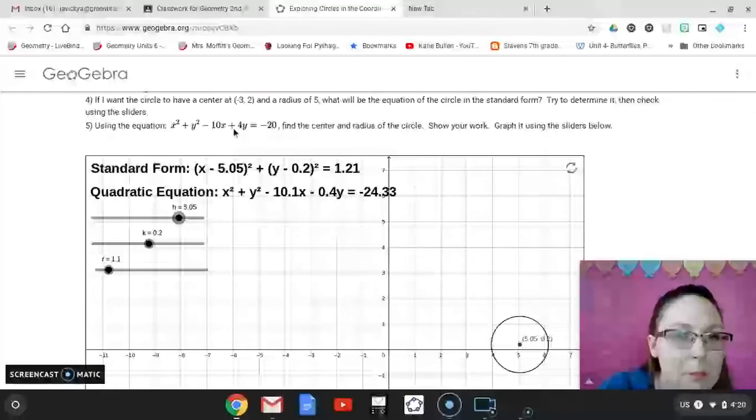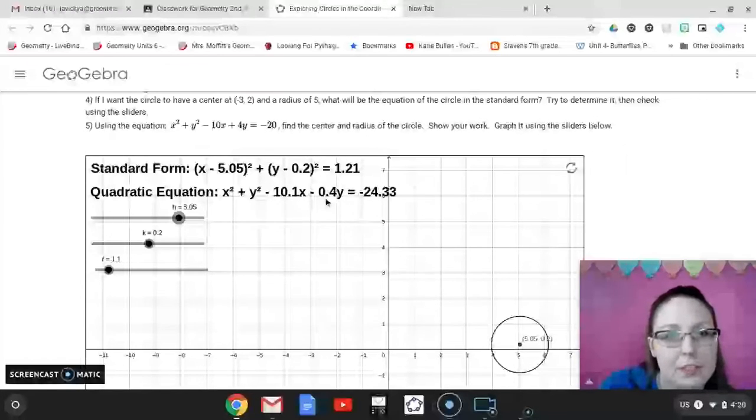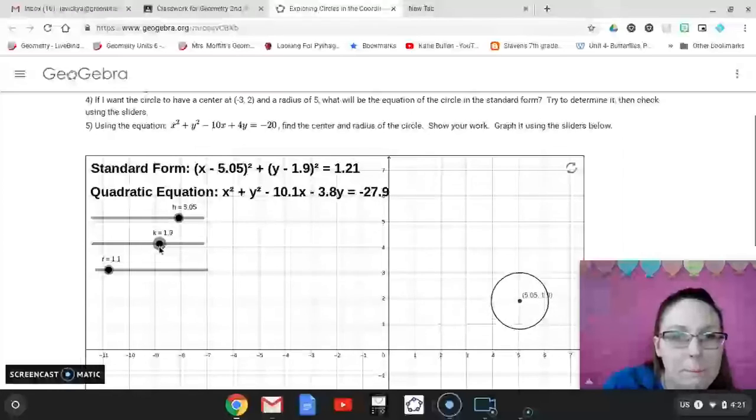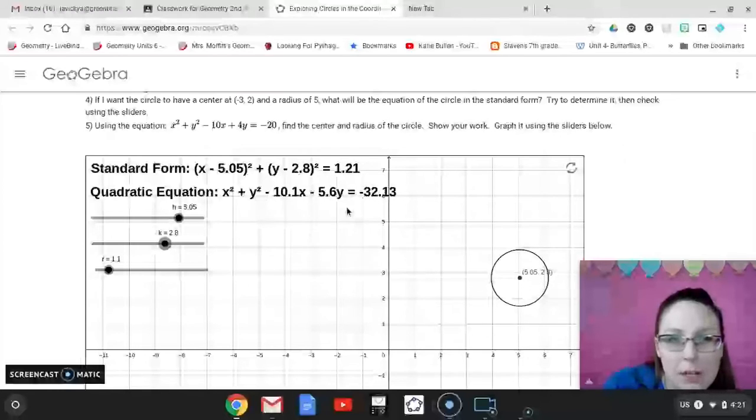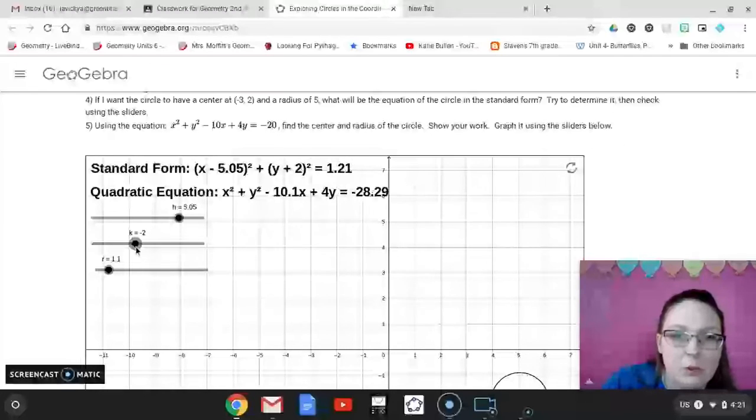Well, then we want it to be a plus for y. Well, since k changes the y value of the center, let's slide k around and see if we can get this y to be a positive 4. Okay, so I can see I'm going the wrong way because this is minus, right? And it's getting further, so let's go the other way. Get up to a positive 4.